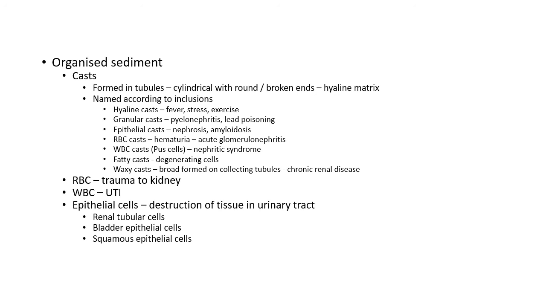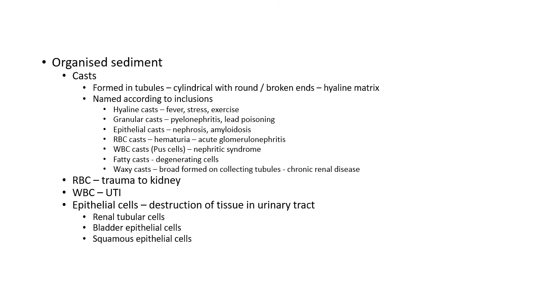Fatty casts are embedded with numerous fat globules, and they can be stained with special stains like Sudan 3. These are derived from degenerating cells. Waxy casts are broad because they are formed in collecting tubules, and they are composed of homogeneous yellowish material and have a refractile outline, and they are seen in chronic renal disease.